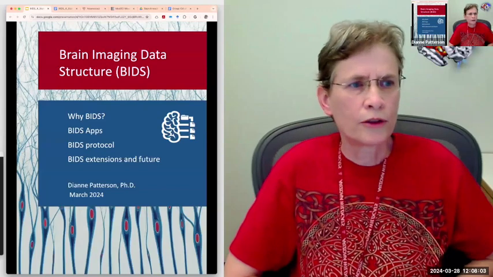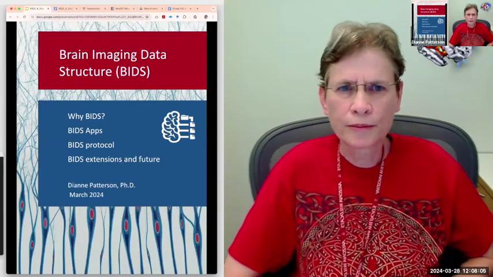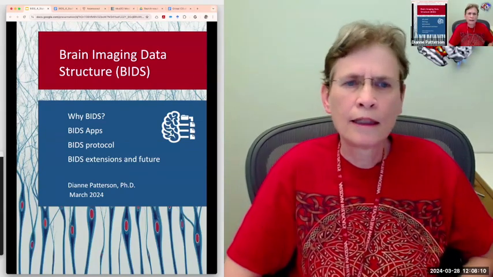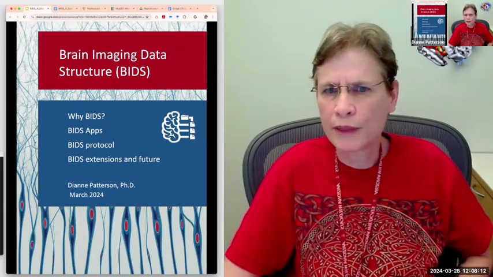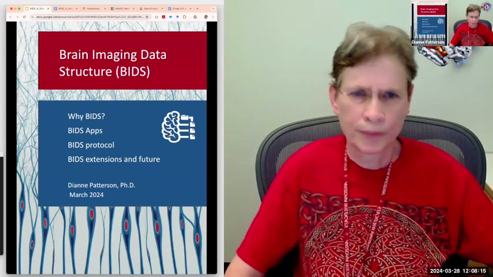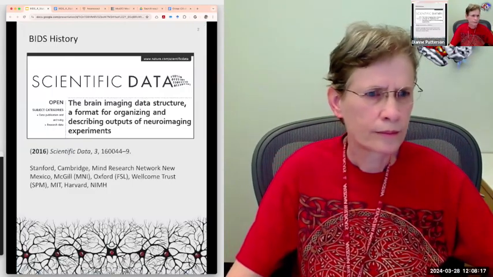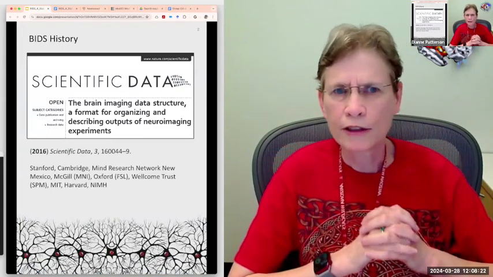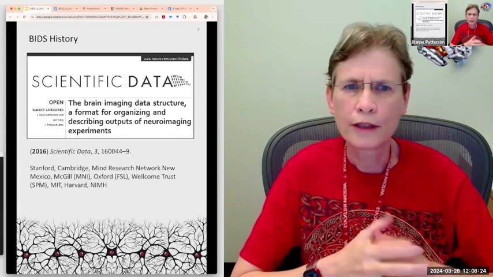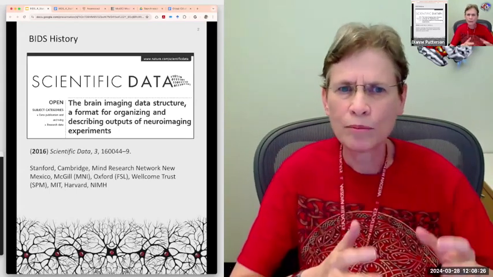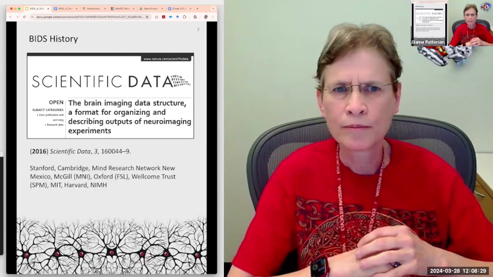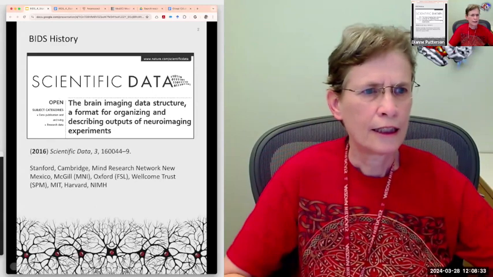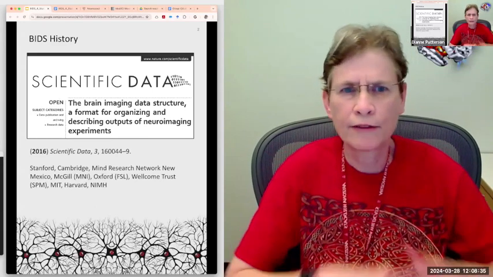All right, so this brain imaging data structure, I'm going to talk about what it is and why you should be interested in knowing something about it. BIDS, the brain imaging data structure, is a well-accepted protocol. What it does is it names and organizes neuroimaging data. It was introduced in 2016 in this paper in Scientific Data.